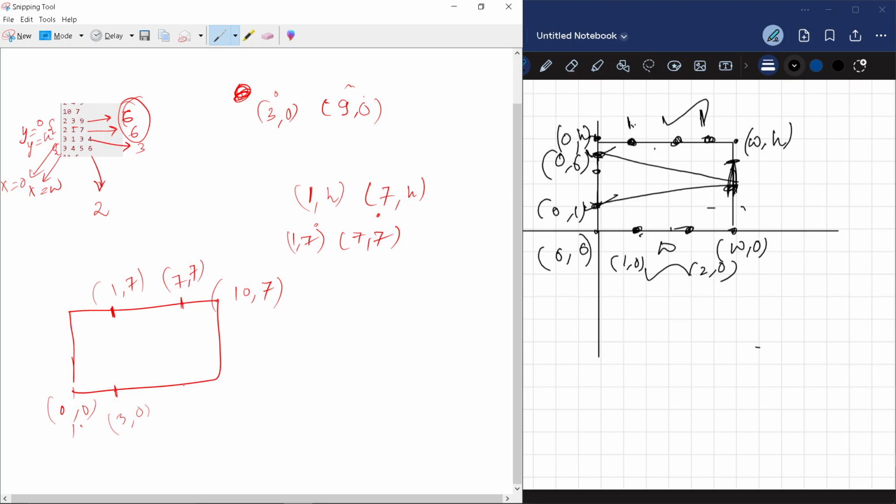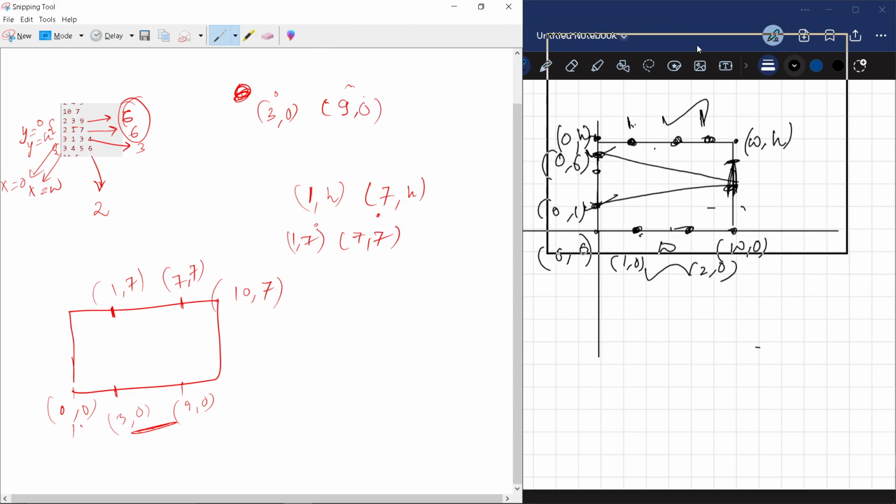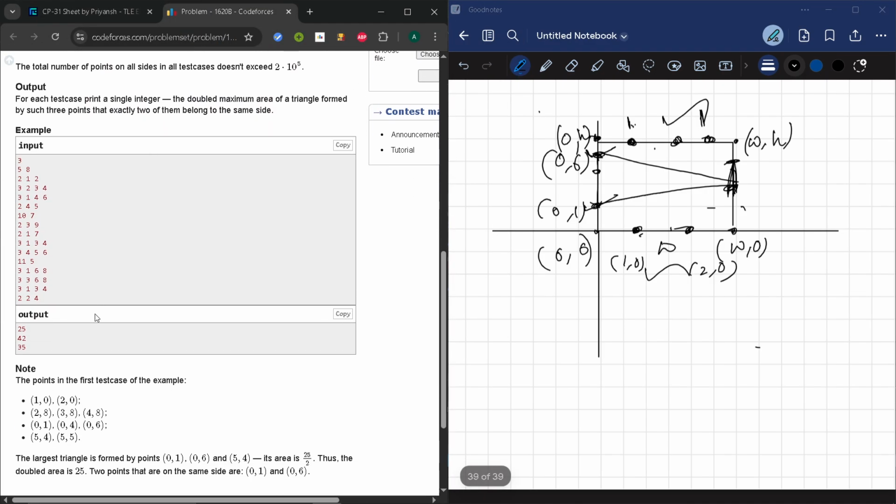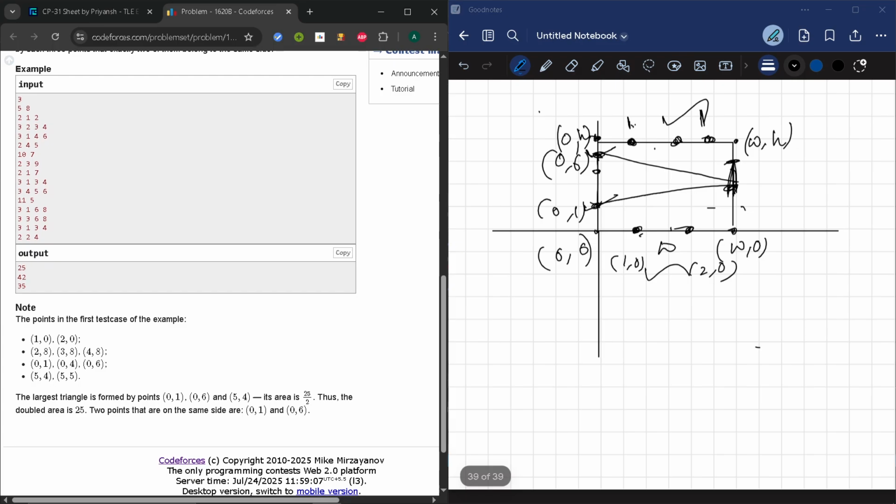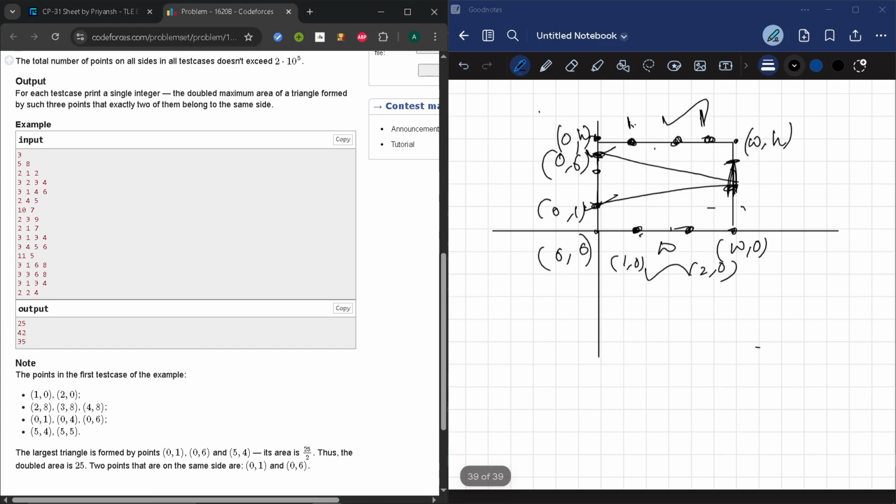Now the base will be nothing but 6 units, but what about the other point which we'll be looking at? It's not given here, but the area is 21 if you go by the formula.